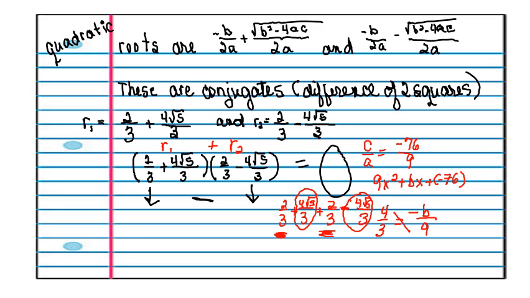And now we can just cross multiply to go find out what the b is, and we get 36 equals negative 3b. So b equals a negative 12. So our final equation is 9x squared minus 12x minus the 76 equals 0. And we got all that because we knew what a couple of roots were.